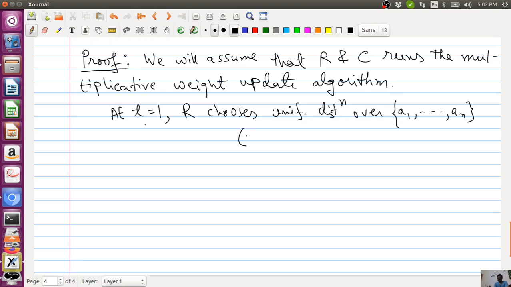So the probability vector is basically 1 over n to 1 over n. And C also chooses, because C is also following the same algorithm. R has m actions in her action set, so it should be 1 over m, 1 over m, 1 over m, and C chooses 1 over n, 1 over n.